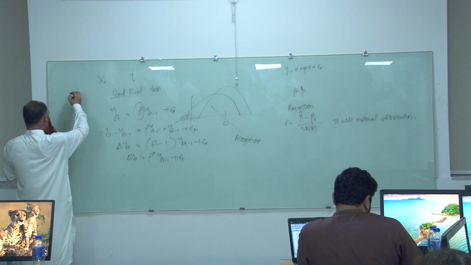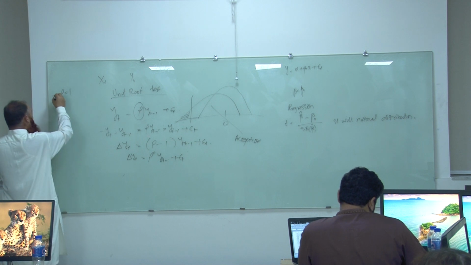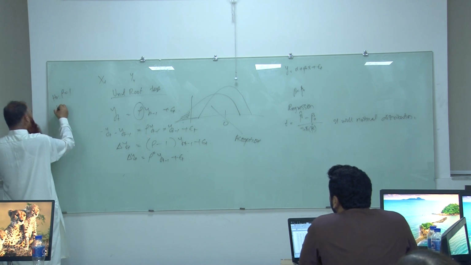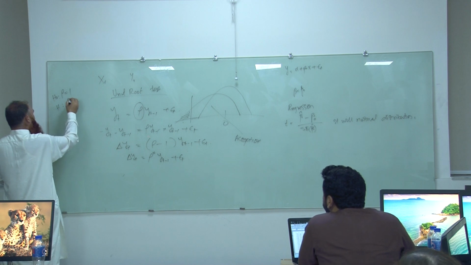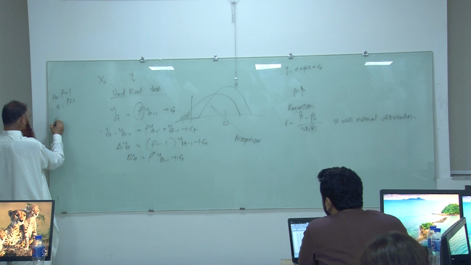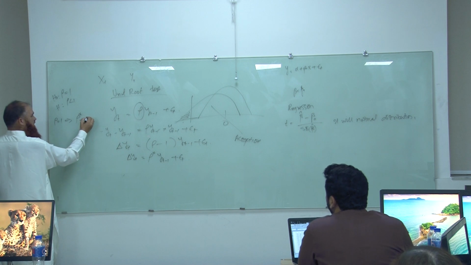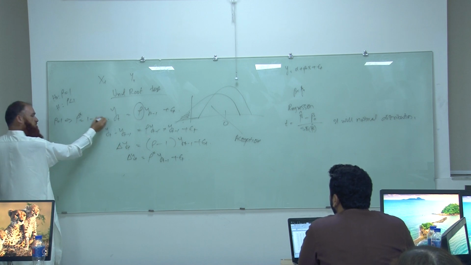So what was your hypothesis? The hypothesis was rho equal to 1. If rho is equal to 1, this was your null hypothesis, and the alternative hypothesis is rho is less than 1. So if rho is equal to 1, then rho star will become 1 minus 1, 0.